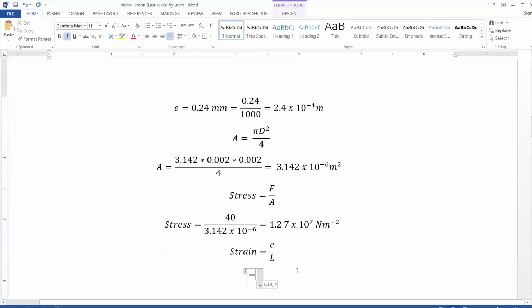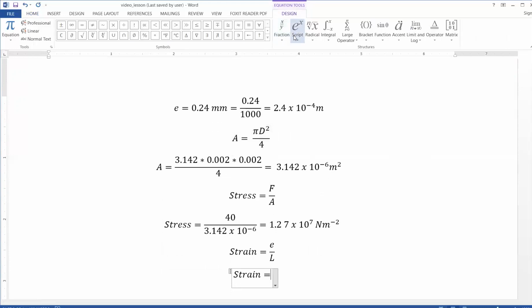So the strain equals 2.4 times 10 to the power minus 4 as the extension, divided by the natural length, which is 4.